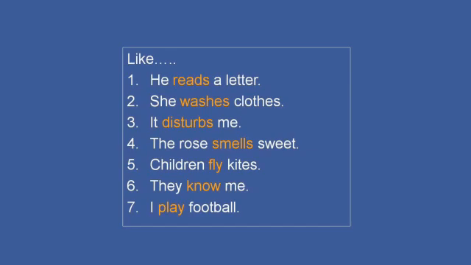In fifth sentence, the verb is fly. This is the original or the present form of verb or the first form of verb without s or es, because the subject is a plural noun.